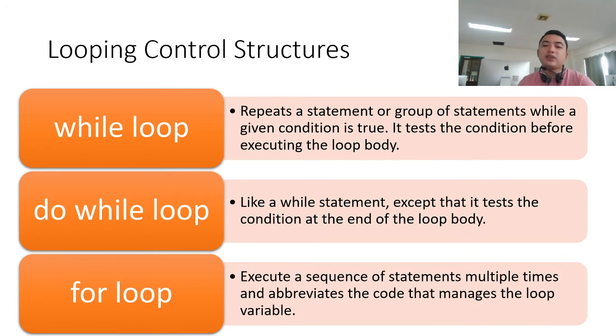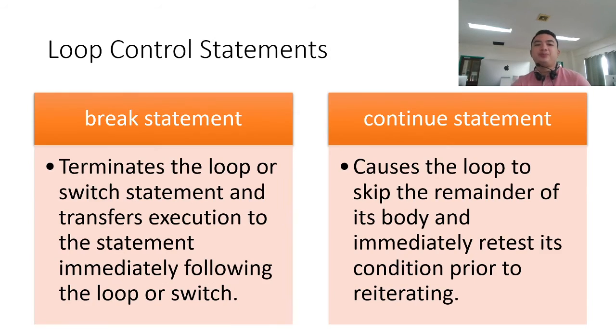It executes a sequence of statements multiple times and abbreviates the code that manages the loop variable. In a for loop, there are spaces for the loop variable, the condition, and the increment and decrement, which we will discuss in our next videos. These are the looping control structures: the while loop, do while loop, and for loop. We will have separate videos for each of the looping control structures.